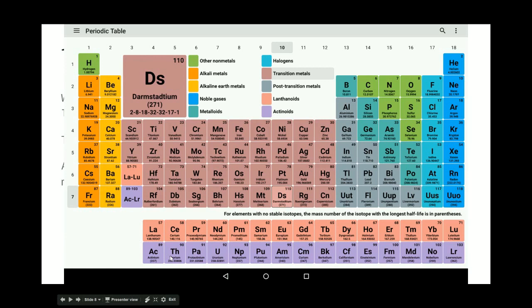Like I said, we mostly don't deal with those, because everything after uranium is actually artificial and man-made, and you don't find it naturally occurring anywhere on Earth. And most of them only exist for a minuscule fraction of a second inside high-powered nuclear reactors. So we don't even really see them.